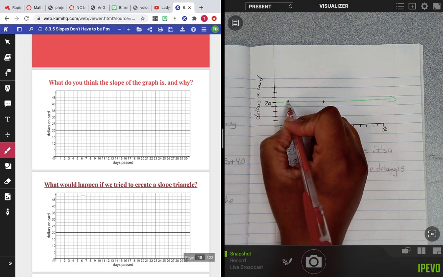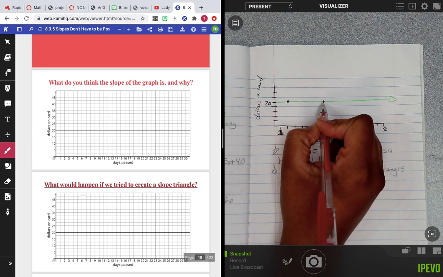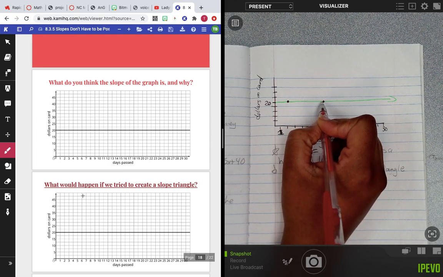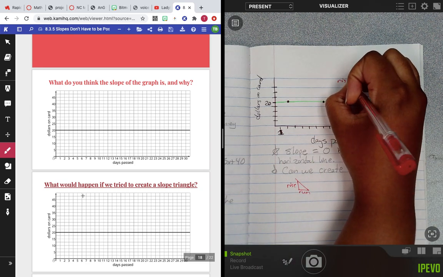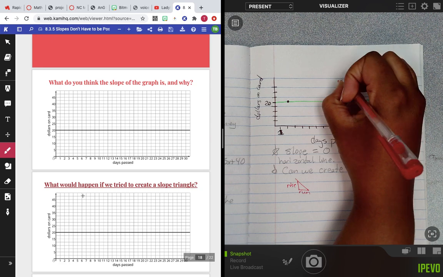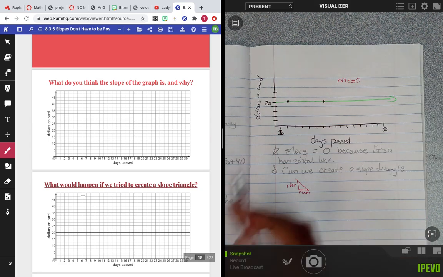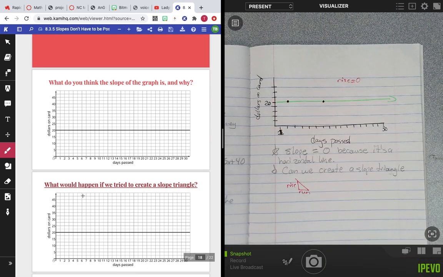Well, to get to this point from this point, do I need to go up or down? No, I don't. My rise is 0. I can't go up and down. I'm not going up or down anywhere. So my rise is 0. But can I run?